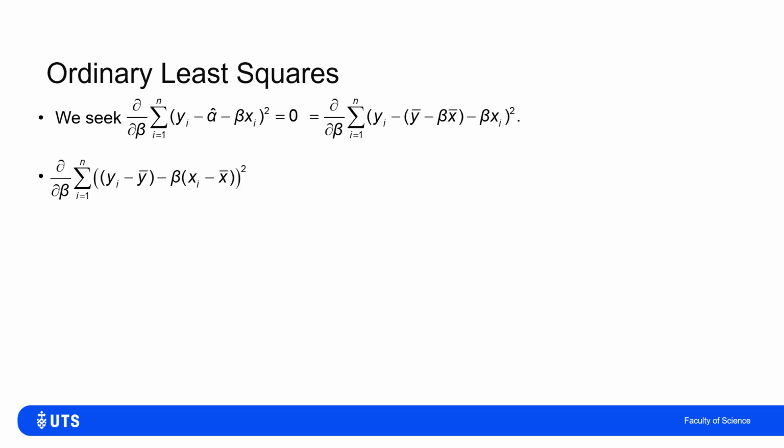I can then regroup this as yi minus y bar minus beta times xi minus x bar, all squared. That's the difference of two squares within the sum. So I can rewrite it as the first term squared plus the last term squared minus twice the product of the two terms, the xi minus x bar and the yi minus y bar.